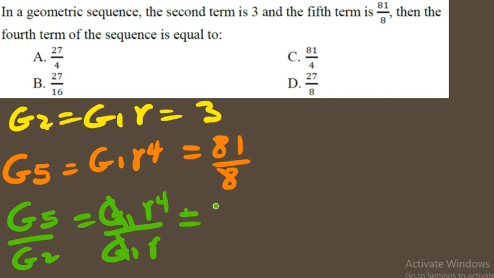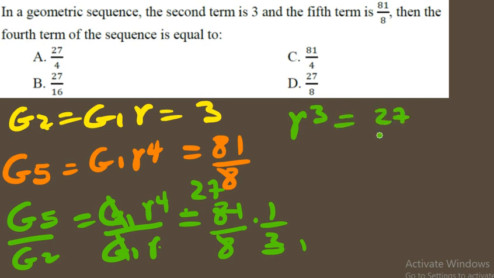This is equal to 81 over 8 divided by 3, which means times 1 over 3, because over 3 means over 1 and you have to flip it. So when you cancel by 3, 81 becomes 27. So R cube is equal to 27 over 8.